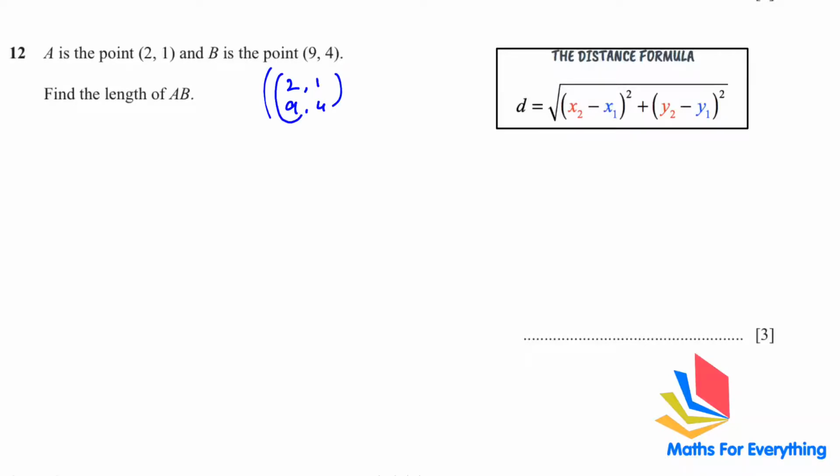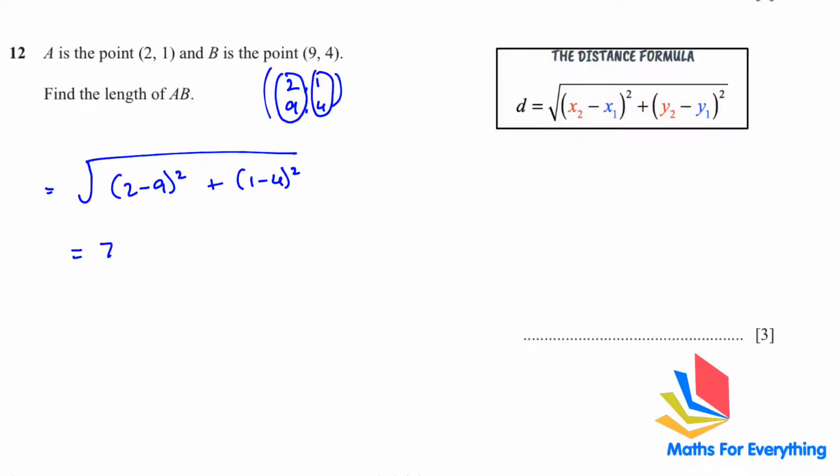So this is your x and this is your y. 2 minus 9 squared plus 1 minus 4 squared. Put the whole thing in the calculator. You will get 7.615. Round it to 2 decimal places. The number after 1 is 5. If you have 5 or more, we add 1. So the answer is 7.62.